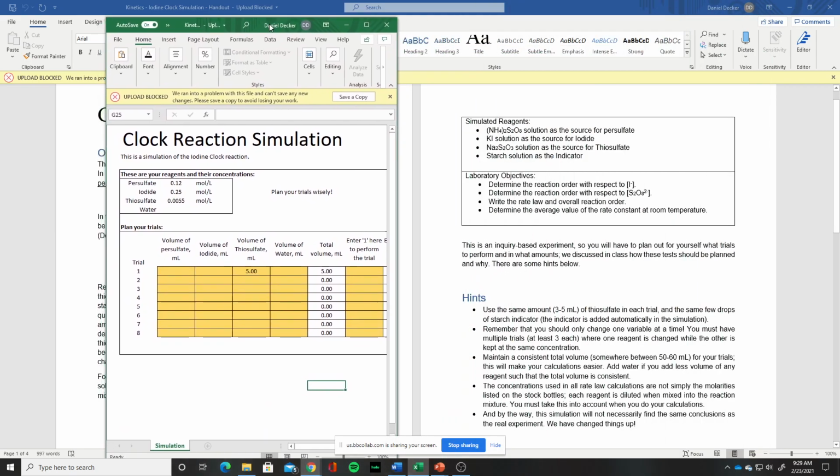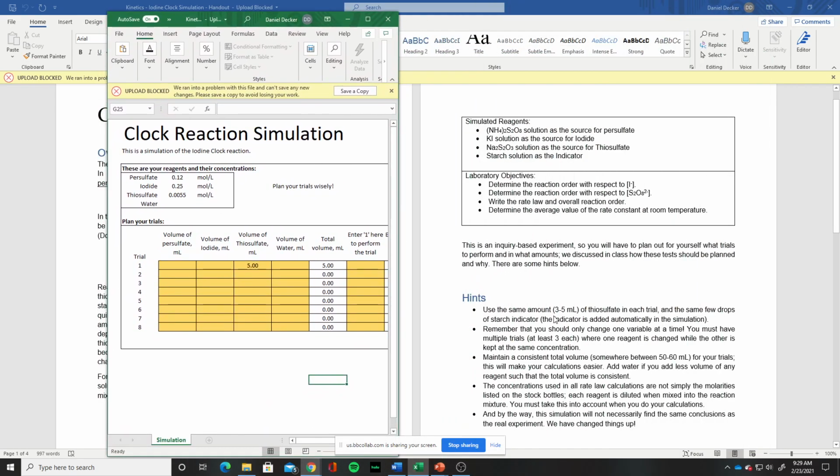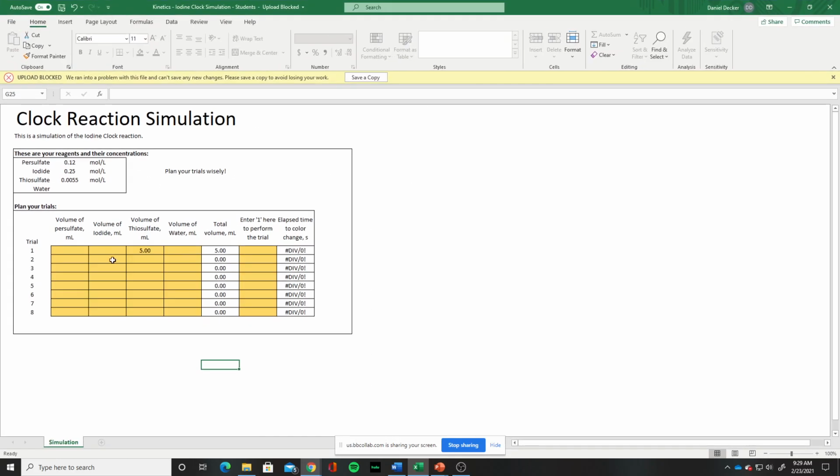Or did it even say? It might not have even said. Yeah, it doesn't even say, which is perfectly fine. So we'll just pick some random numbers, because like I said, it's an inquiry experiment, so you don't get lots of instructions.